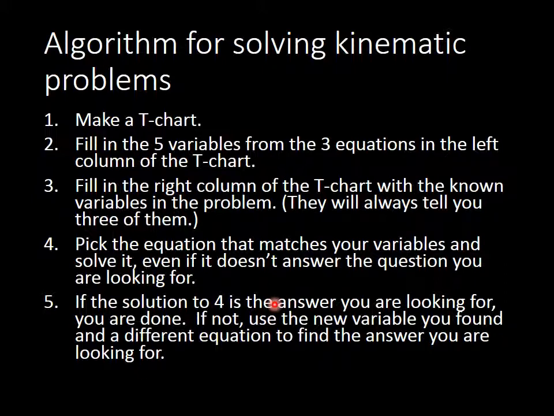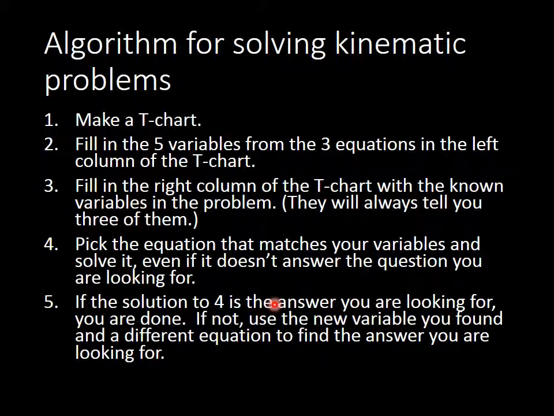So how do we go about using these to solve problems? Well, to simplify this, we're going to use an algorithm, and remember that an algorithm is just a set of steps that breaks down a complex problem into more simple steps for you to remember.